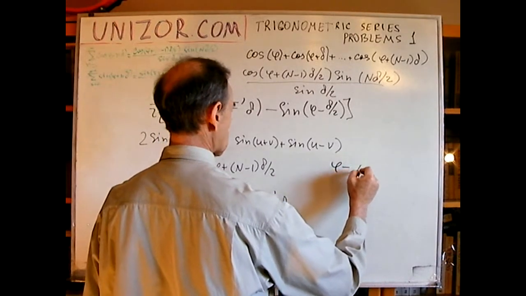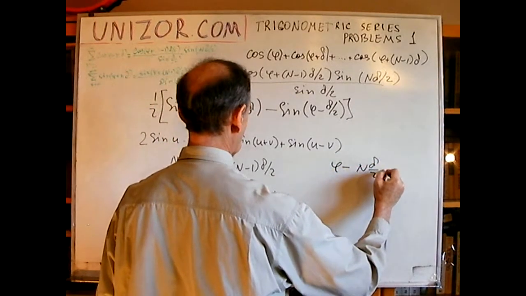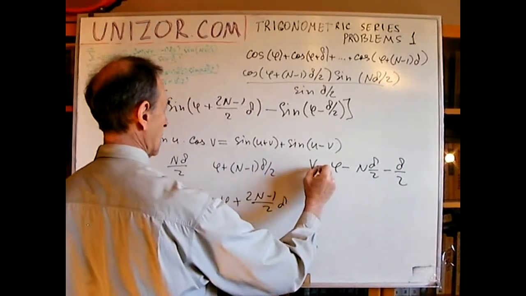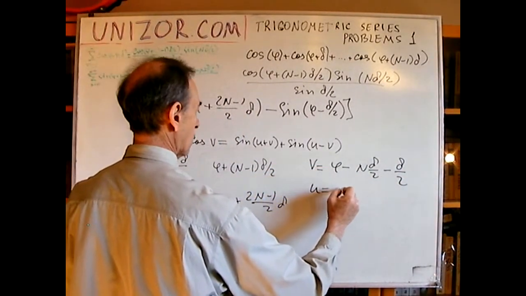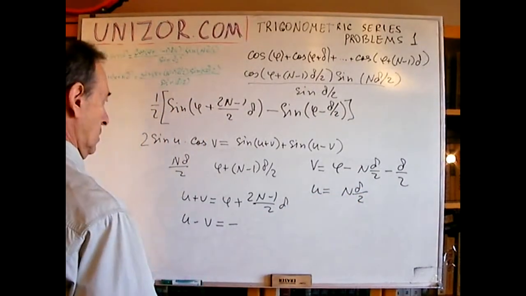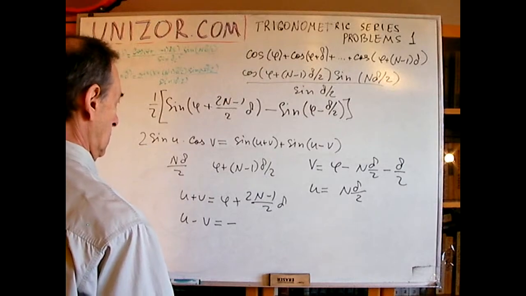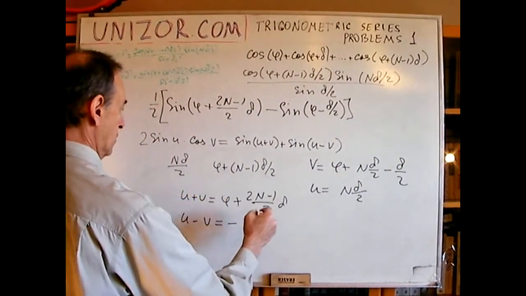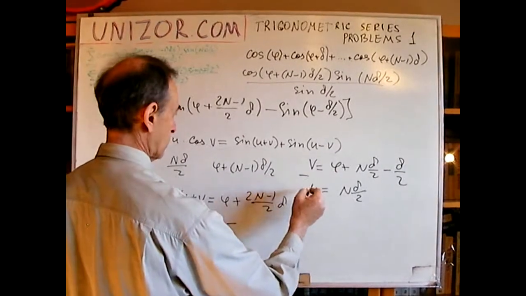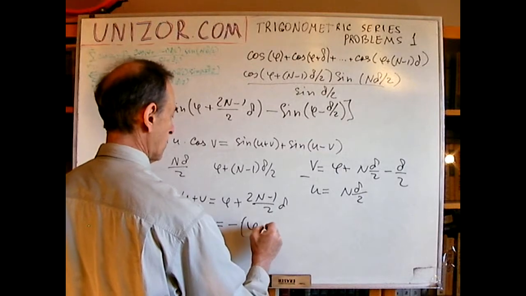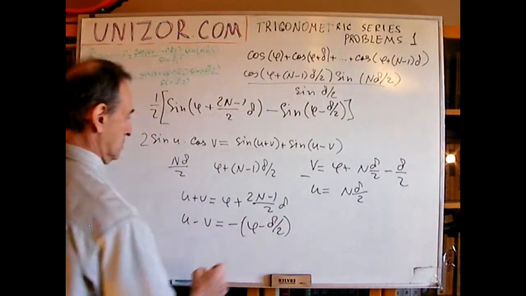Phi minus n delta over 2 and minus delta over 2. That's my v. And u is equal to n delta over 2. Oh, plus, sorry. Plus. So if I subtract from u, v, I will have minus phi minus delta over 2.